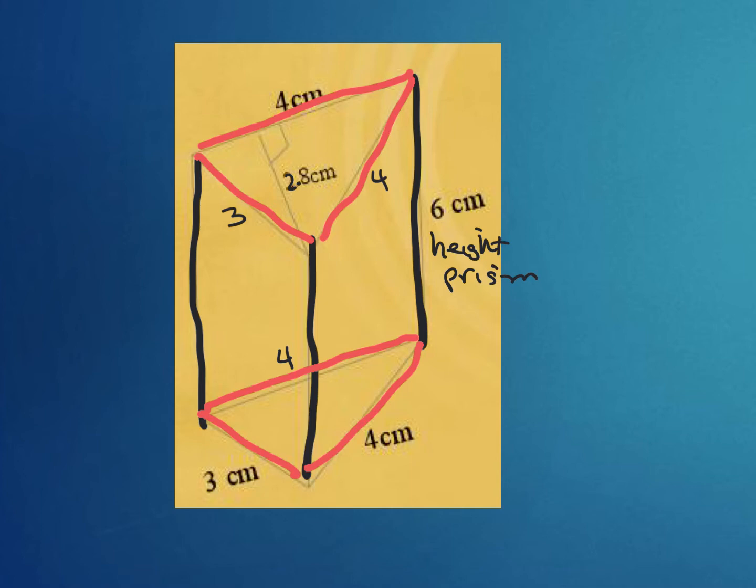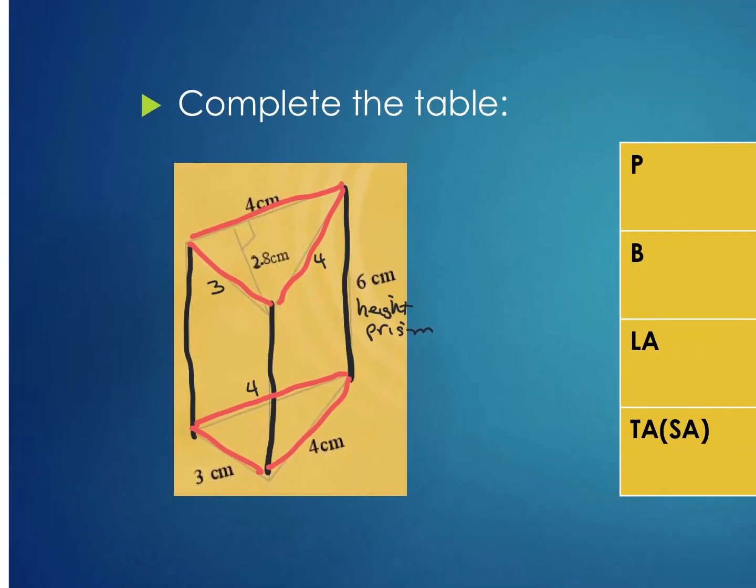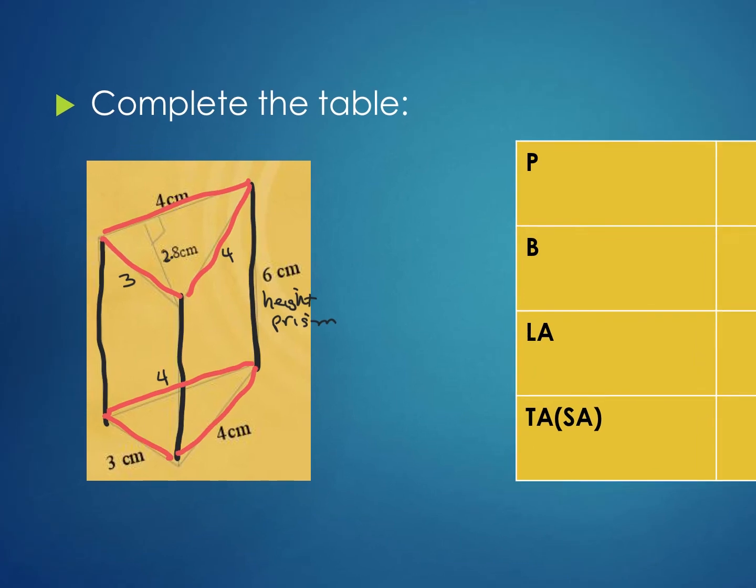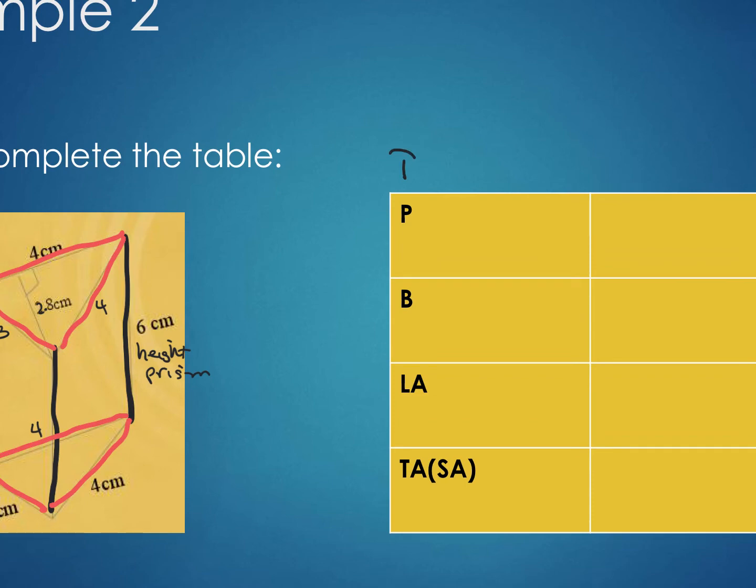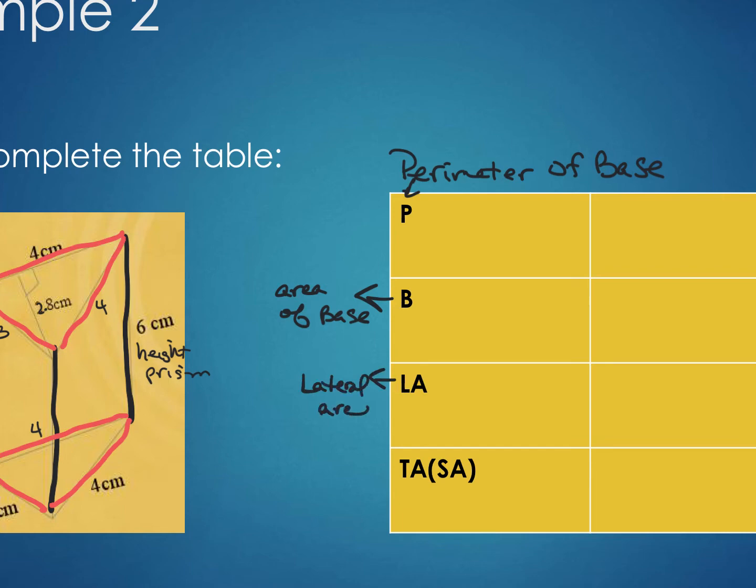So let's go ahead and complete the table for this one. Again, the P here represents the perimeter of the base. Remember, this capital B is the area of the base. This is the lateral area, the LA.